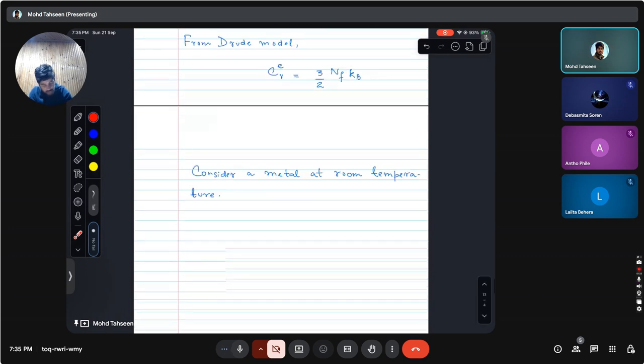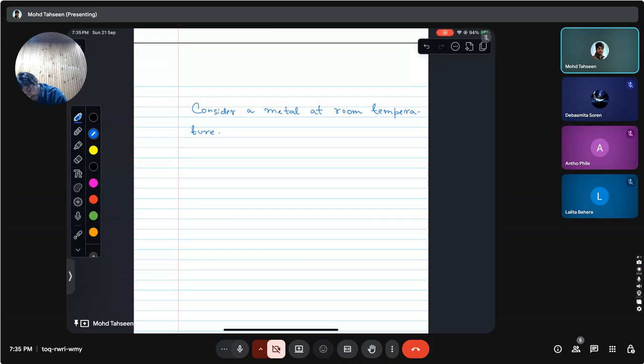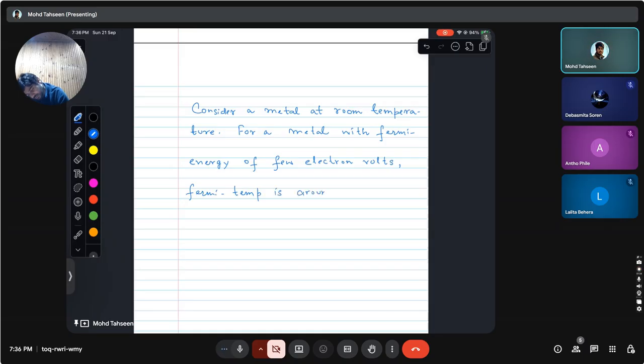Right, so for a metal with Fermi energy of a few electron volts, let's say 1 or 2 electron volts, this Fermi temperature is around 10,000 Kelvin, 4 zeros.